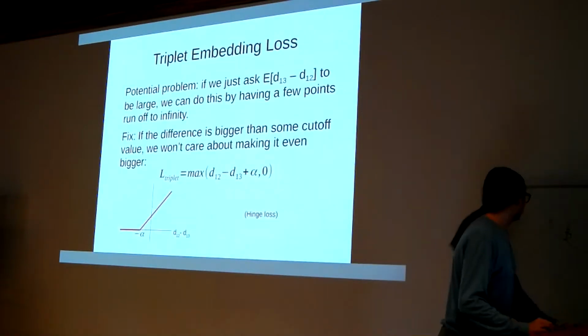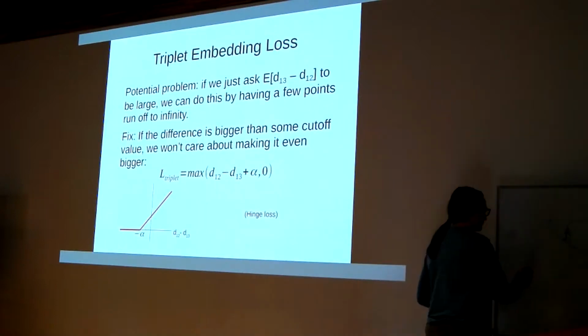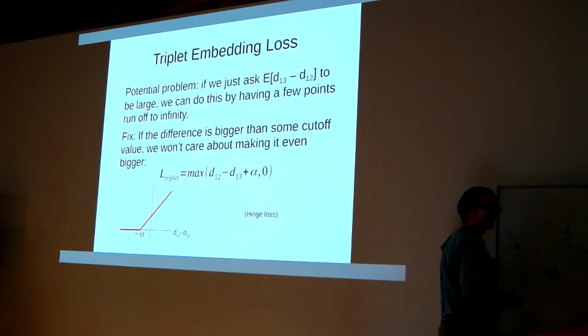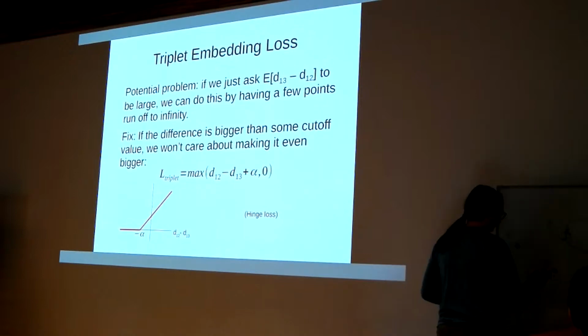So for the triplet embedding, think about the balance between the similar and dissimilar points, right? If I have 1 point here and I have 1 point there, what is my loss going to be dominated by? Well, let's say 3 of them are here and 1 of them is here.